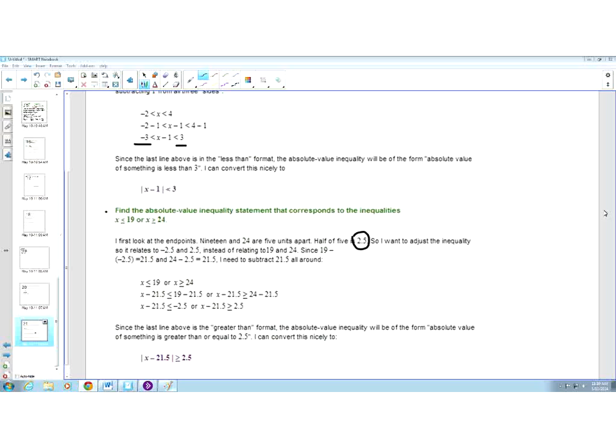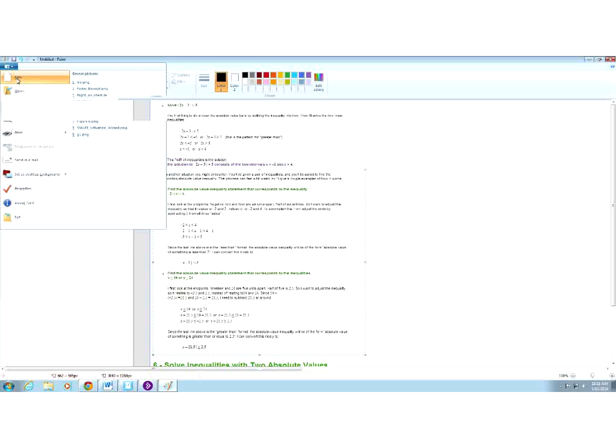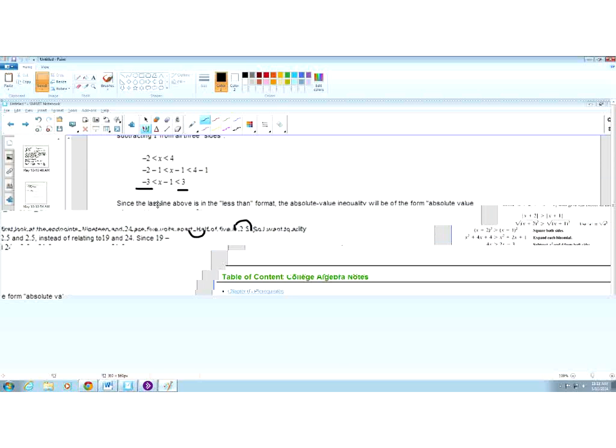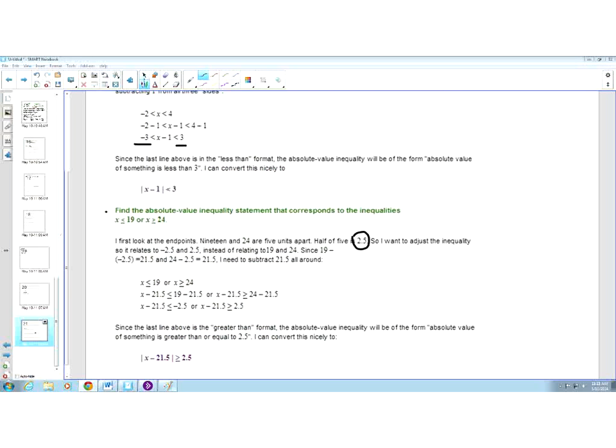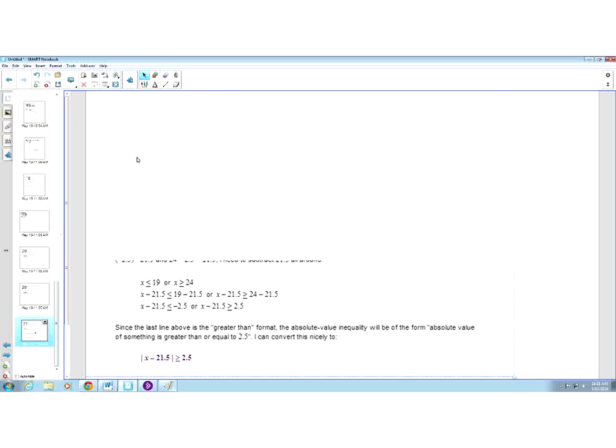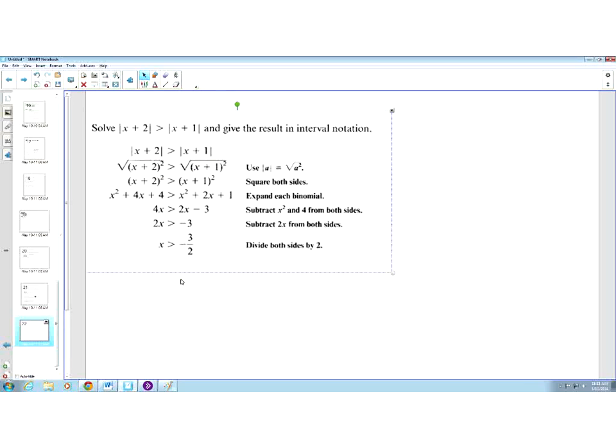Okay, and a couple of other examples solving. One more example of solving inequalities with two absolute values. Okay, there are all kinds of games we can play with these. So we want to solve this one, and now again, here we're using the alternate definition of the absolute value.